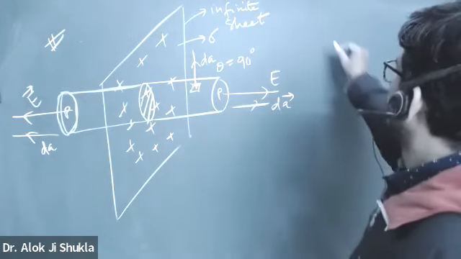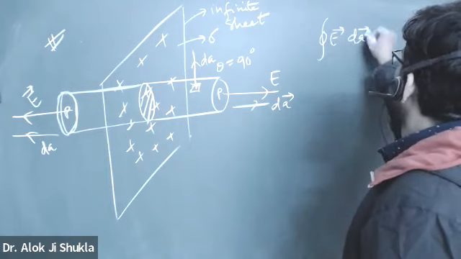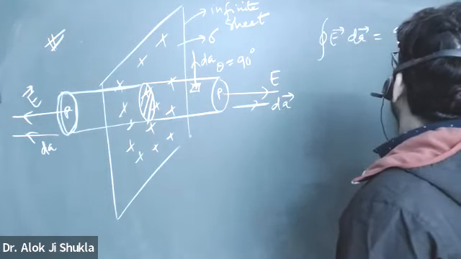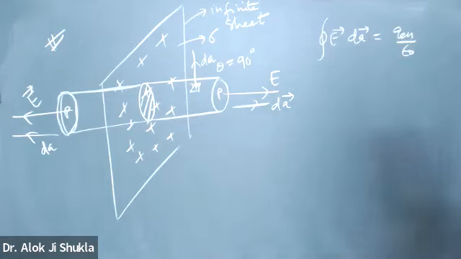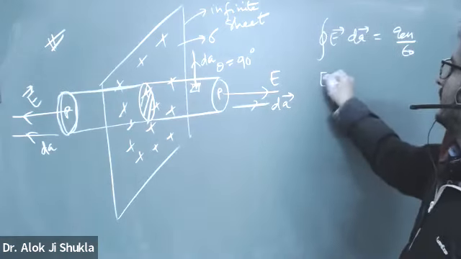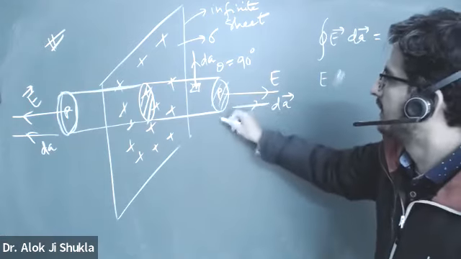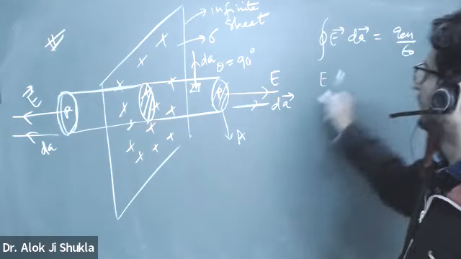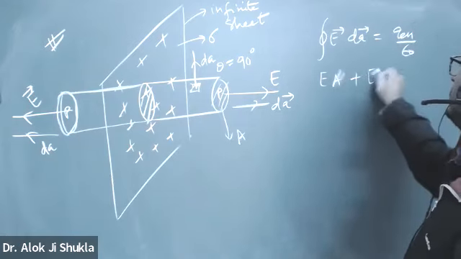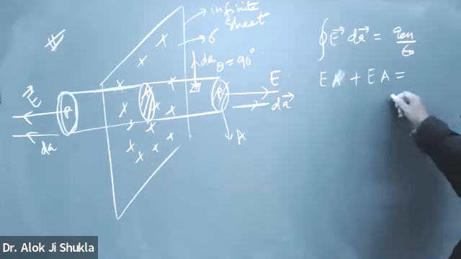So when you take closed integral E dot dA is equal to Q enclosed over epsilon naught. Now this is a closed Gaussian surface. So E dA means dA का इंटीग्रल क्या हो जाएगा? Suppose this area is capital A. E into A plus E into A of that side is equal to Q enclosed कितना होगा?